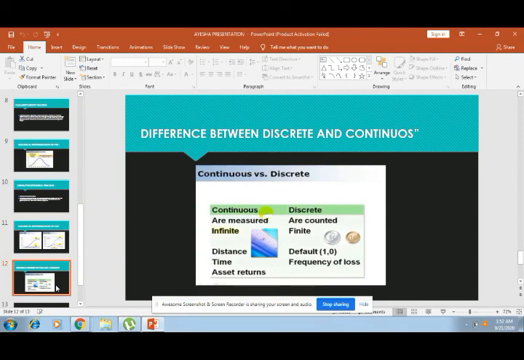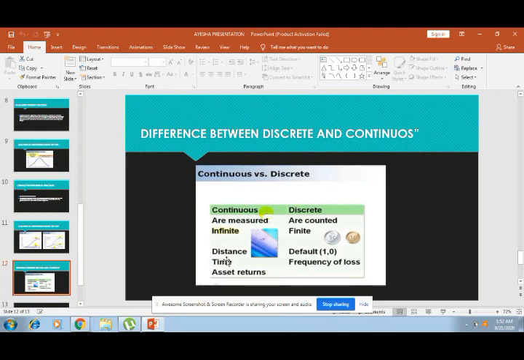Now we are discussing the difference between discrete and continuous. The first difference is measurement. Continuous can be measured while discrete functions are counted. There is an infinite number of outcomes in continuous, but there is a finite number of outcomes in discrete.